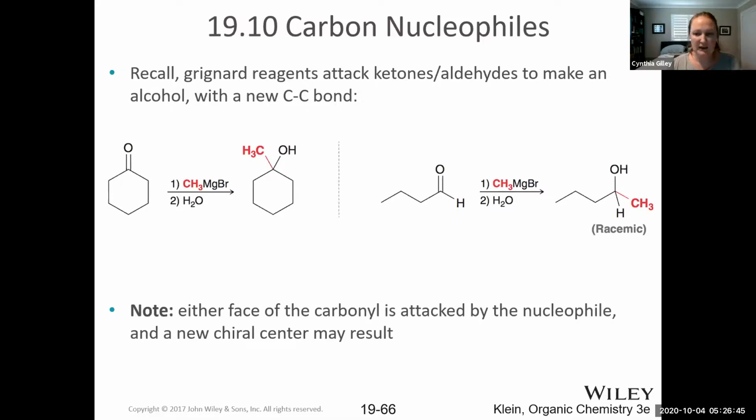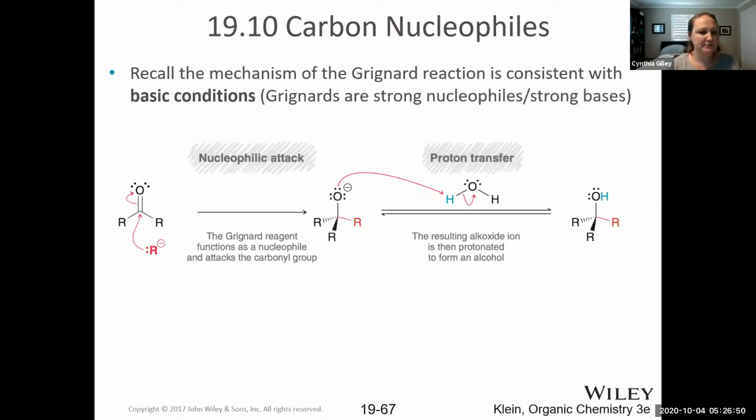And again, if we end up forming a chiral center, it will be a racemic mixture. So this is the mechanism of the Grignard reaction: nucleophilic attack of the Grignard reagent, formation of the tetrahedral intermediate, and proton transfer from the workup provides the alcohol product.